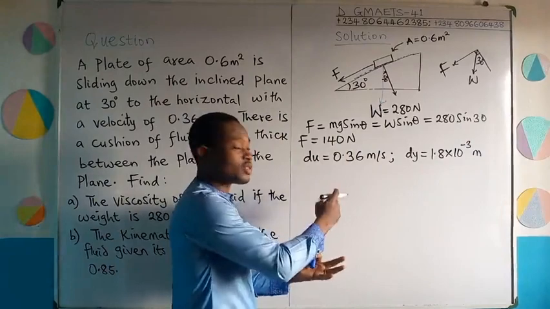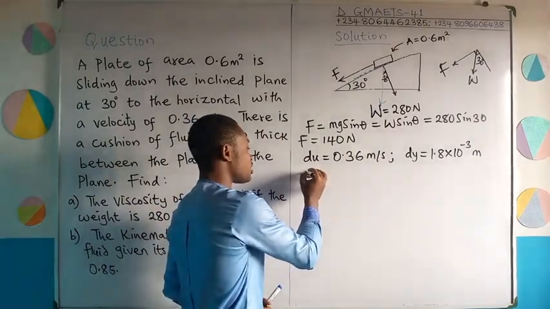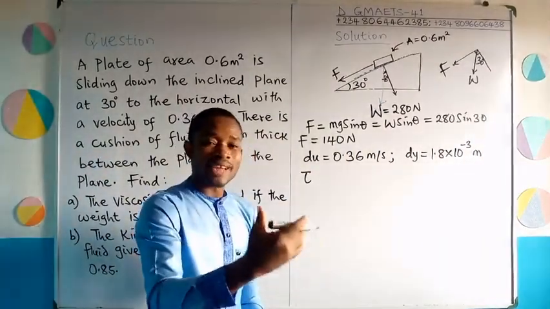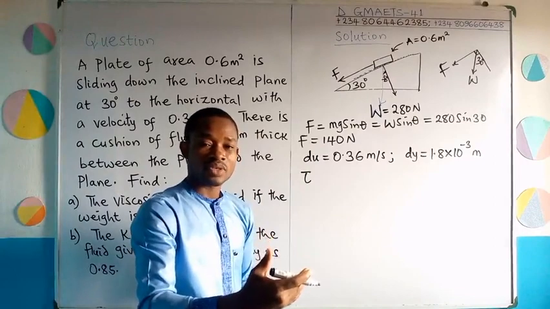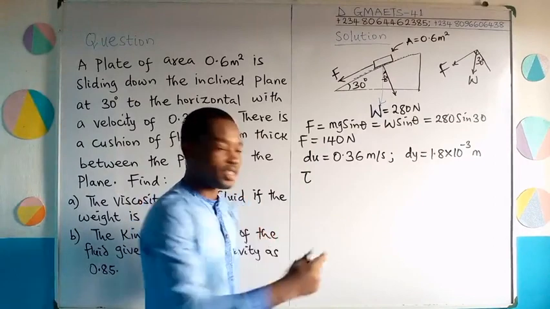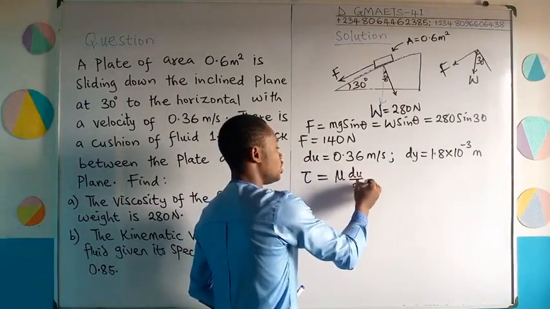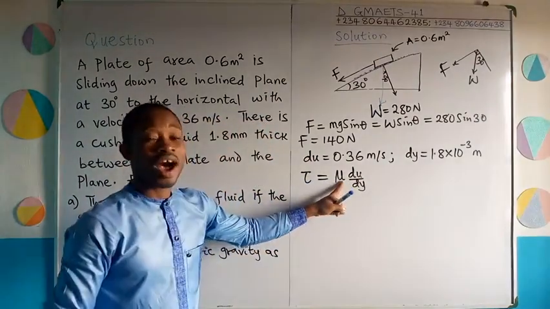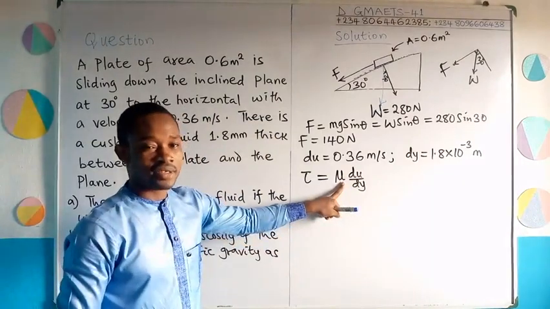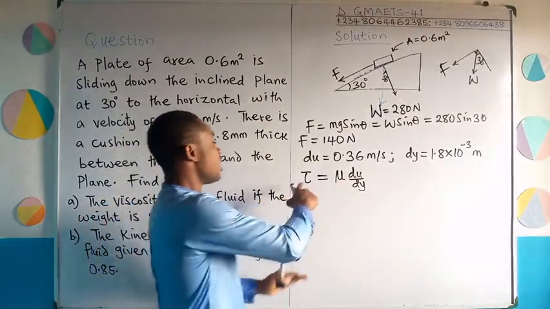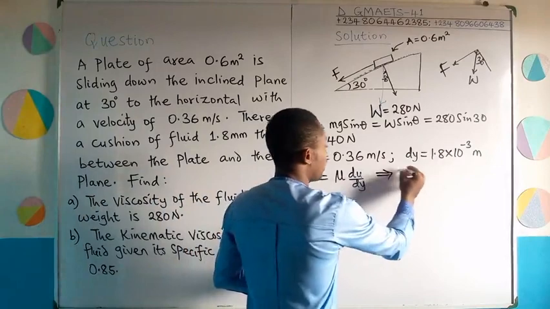All right, so from Newton's law of fluid, shear stress is equal to dynamic viscosity times the velocity gradient. Shear stress equals this, then du dy. This is our viscosity, this Greek symbol. Good. Now this shear stress is force over area.